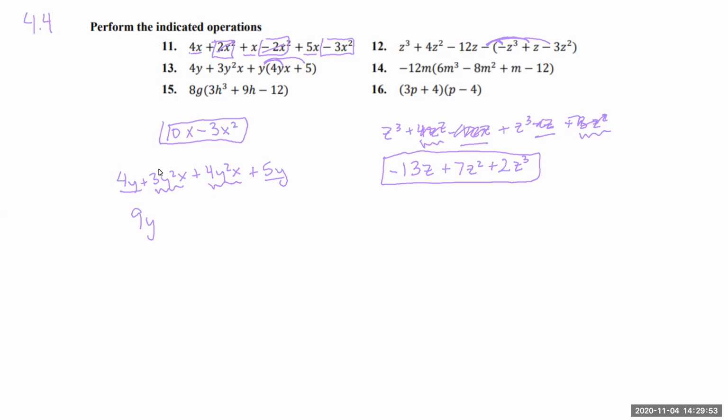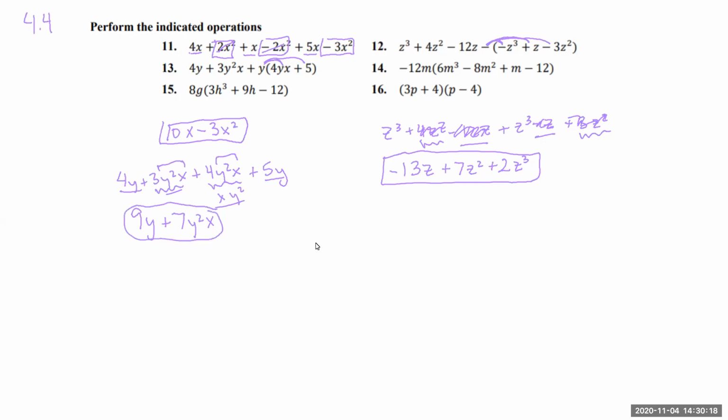So we combine these because it is y squared x, which if it was x and then y squared, we could still combine those because it still has the same variables. So combining those two, you have plus 7y squared x. And that is the answer for number 13.